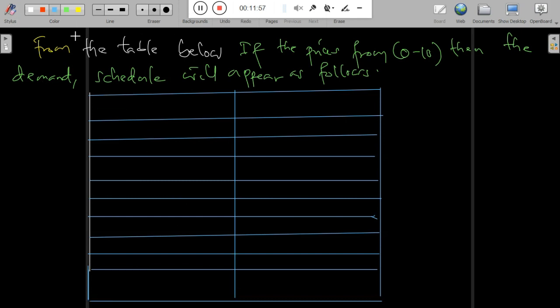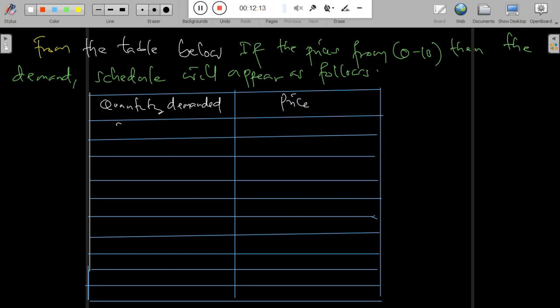Under the quantity demand equation, that is 20 minus 2P, when we try to find the quantity demanded, it means that we plug in the values of the price level into the quantity demanded equation. So we have 20, 18, 16, 14, 12, 10, 8, 6, for prices 0, 1, 2, 3, 4, 5, 6, 7. So this is what is known as the demand schedule that can be shown from the given equation.